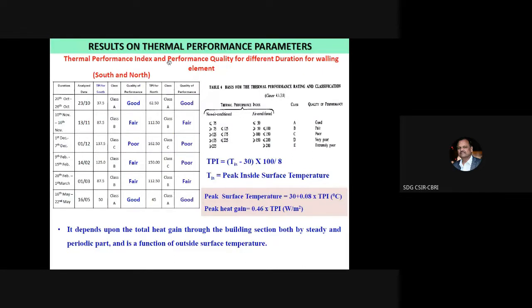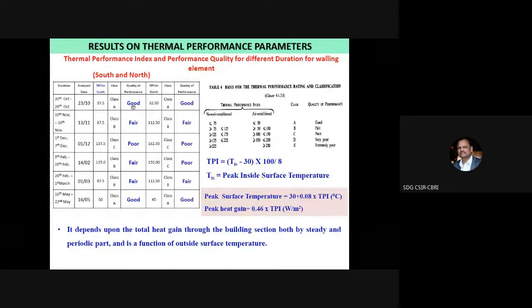If we see the south side and north side wall envelopes, with the temperature monitoring we have done, we are able to find out the TPI. As per the code, the TPI performance for non-air-conditioned buildings is given. If it is less than 75 TPI, the performance is considered good, and if it is more than 225, it is extremely poor.